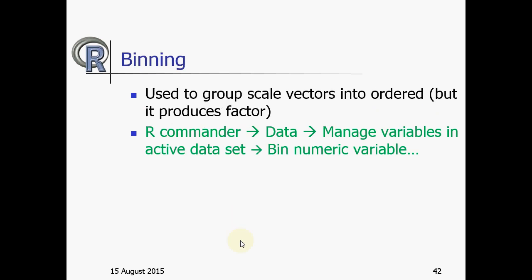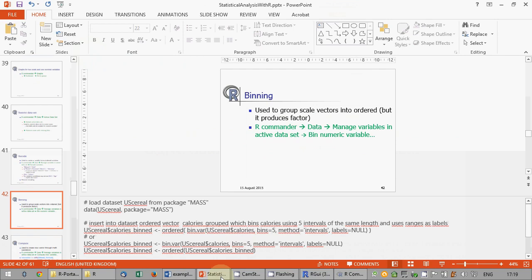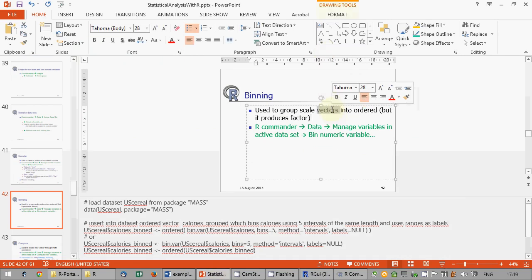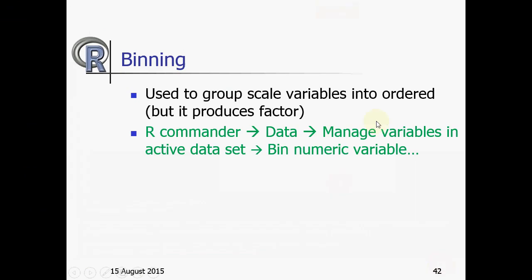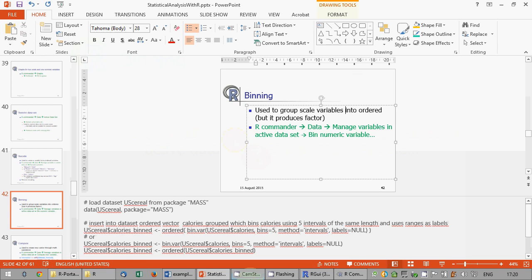Binning basically takes scale variables and groups their values. Theoretically it produces an ordinal variable, because if you group a scale variable, you produce an ordinal variable. But in R, it produces a factor.